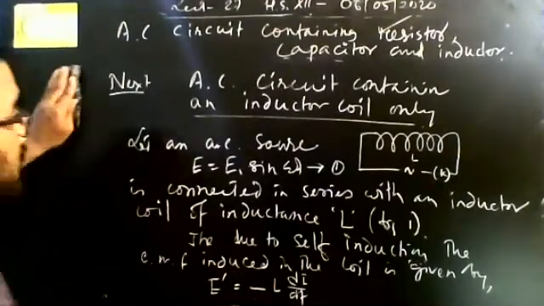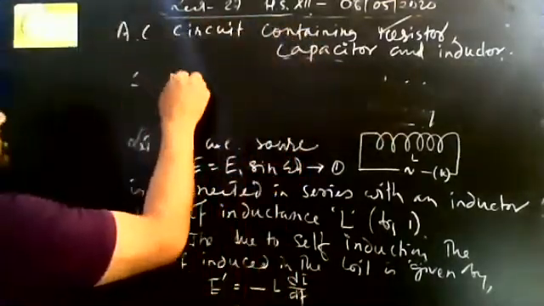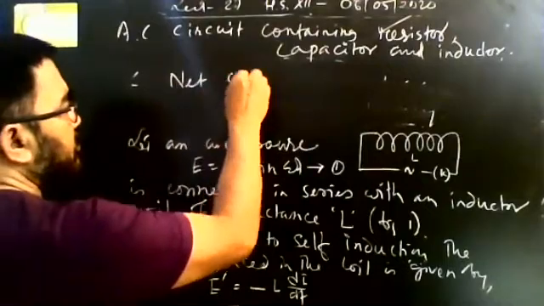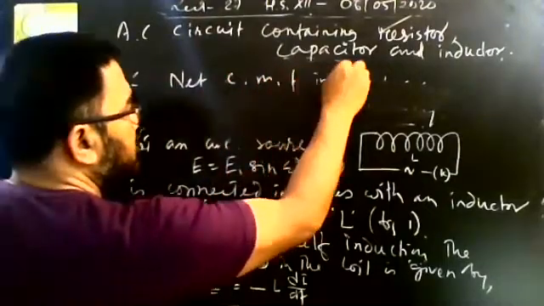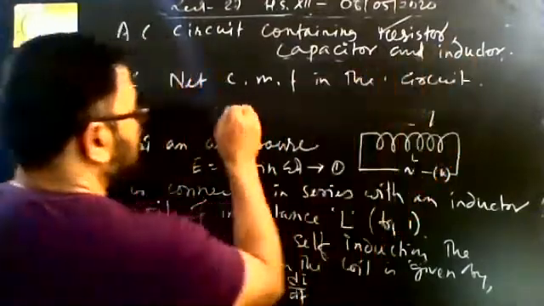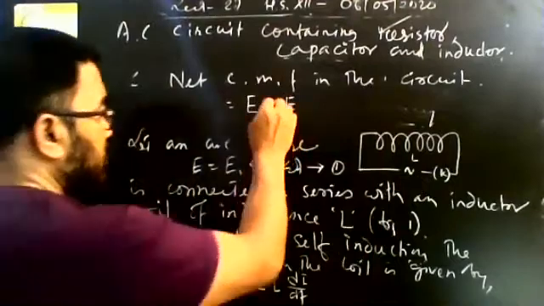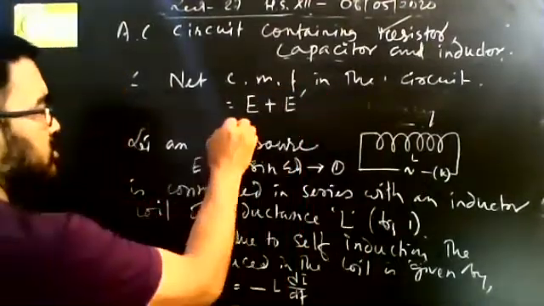So therefore, the net EMF in the circuit equals E plus E dash. So this is the net EMF.